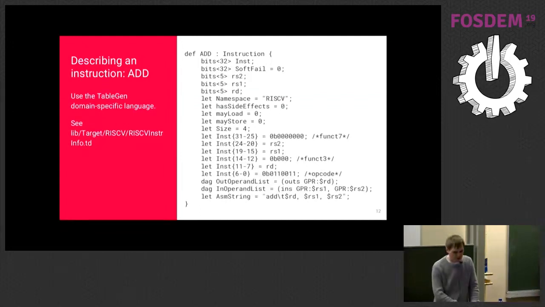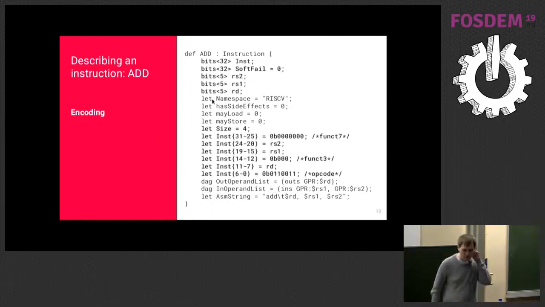So this is specifying that we have up here a RISC-V instruction, add. The assembler syntax looks like this at the bottom, and we have a whole bunch of encoding. On the next slide I've highlighted the lines relevant to encoding the instruction for the target architecture, and the lines relevant for the assembly parser, which is mostly generated for you, and for specifying the inputs and outputs of the instruction.